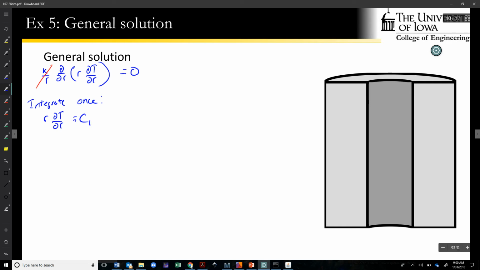Okay. Integrate again, or rather, divide through by r, sorry. So we're going to say dT/dr is equal to C1 over r. Okay. So if we integrate that again, we end up with T is equal to C1 times the natural log of r plus C2.